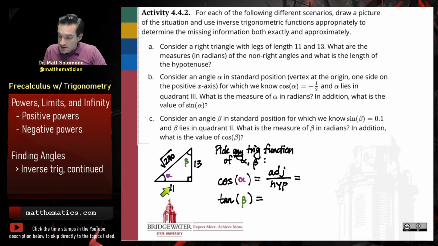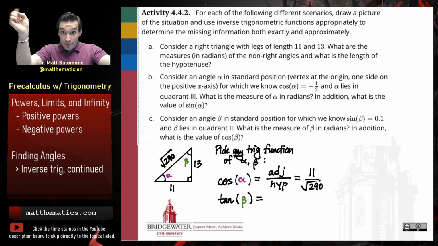And so that adjacent side is 11. My hypotenuse is, of course, the square root of 290. And so whatever alpha is, its cosine is equal to 11 over the square root of 290. So when I plug alpha into the cosine function, it spits out 11 over the square root of 290.